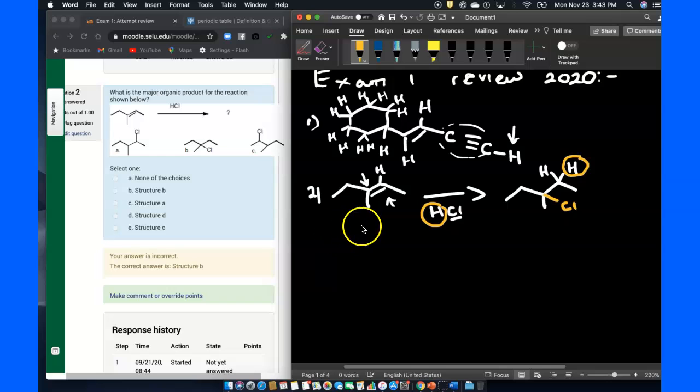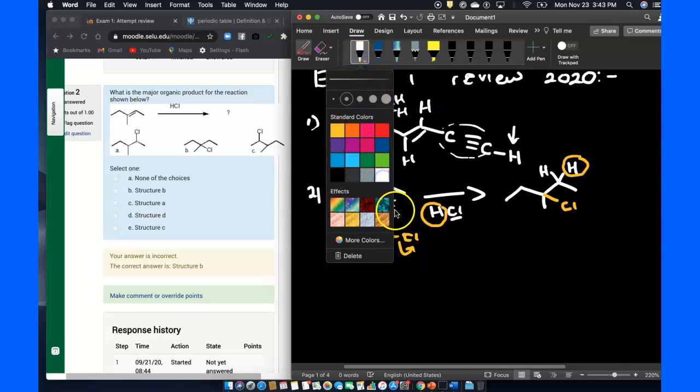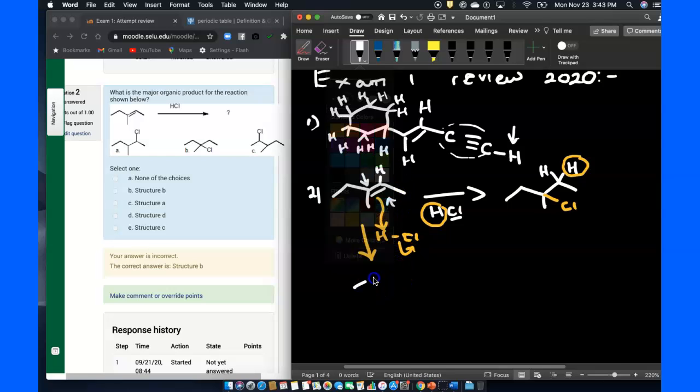With mechanism, this is what happens. So first, you use the pi bond to attack the hydrogen. Cl is a good leaving group, so it goes. So you're going to end up with this structure. The hydrogen adds where there is more, and then the other carbon will be positively charged.